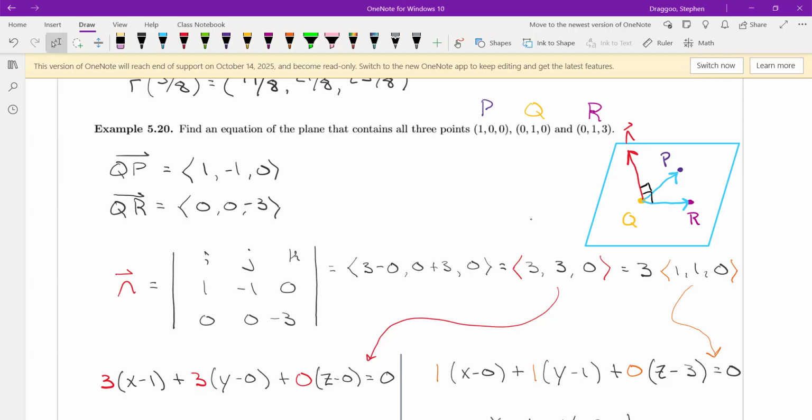So if I have 3 points and I want to find the plane that contains them, I'll just find a pair of vectors connecting between these points. I chose QP and QR, you can see in the diagram. And because those 2 vectors, QP and QR, must be in the plane, since they connect points that are in the plane, their cross product will end up being perpendicular to the plane.